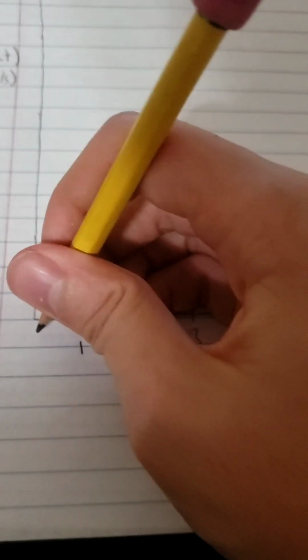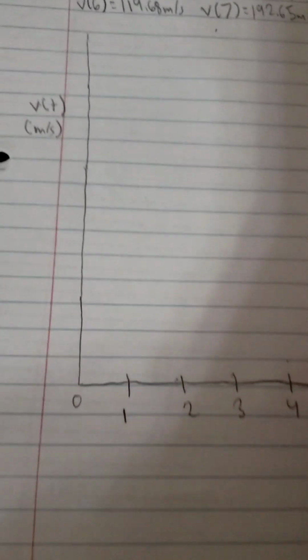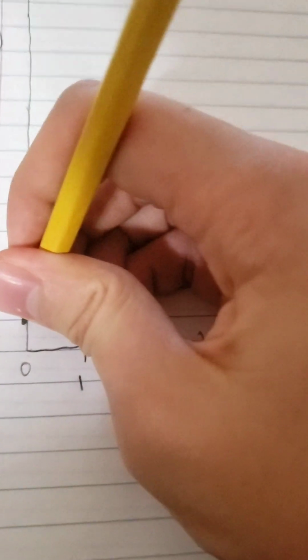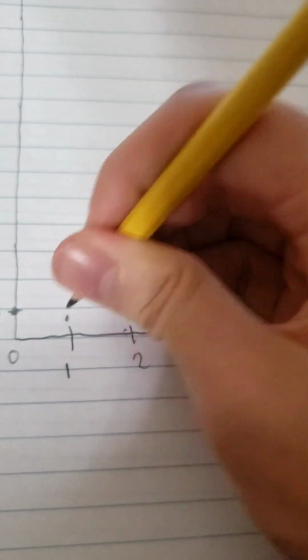Okay, so now for drawing it. This is the origin, V of 0. V of 0, according to the problem, is around 4, so I'm just going to put a little mark here. V of 1 is 2.63, so it's going to be a little bit lower. It's not exact, but it's not drawn to scale, so whatever.